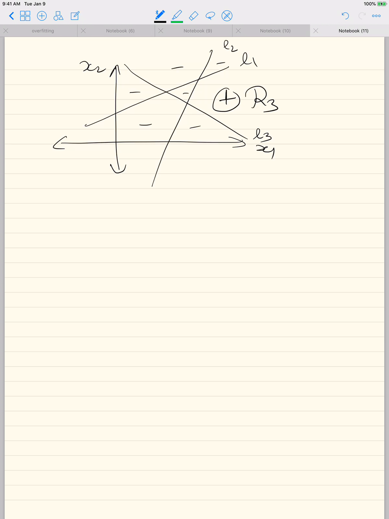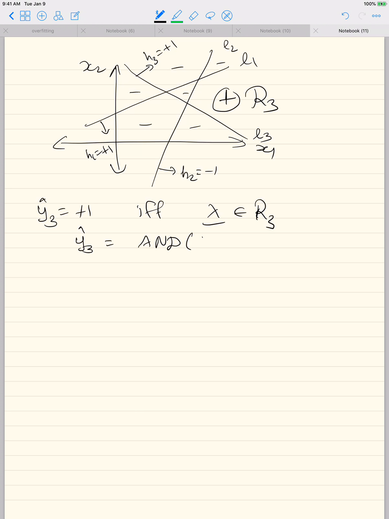So how do we handle this? Well, again, we'll set y3 hat to be +1 if and only if the input belongs to R3. So this is the case where L1 gives a +1, L3 gives a +1, but L2 gives a -1. So y3 hat will be the AND of h1, not h2, and h3.